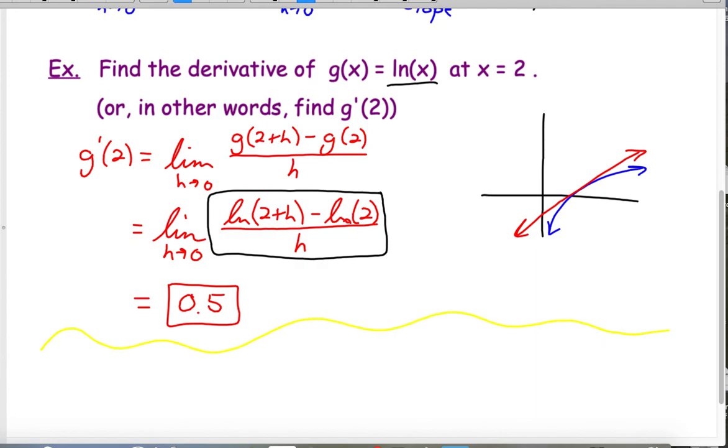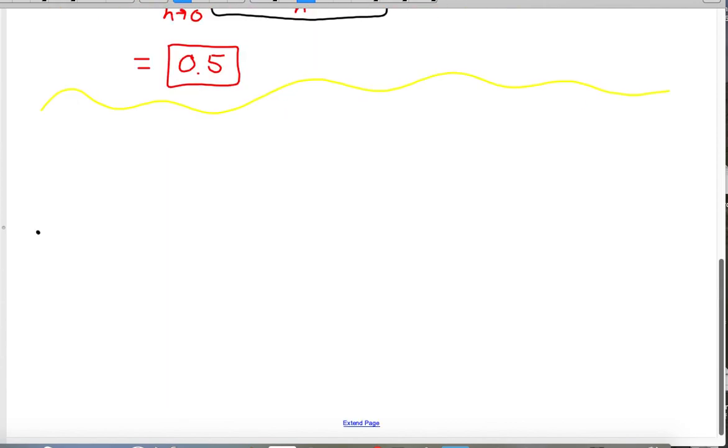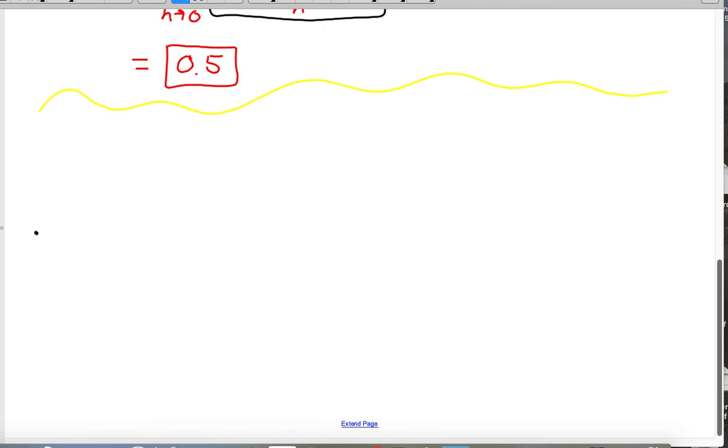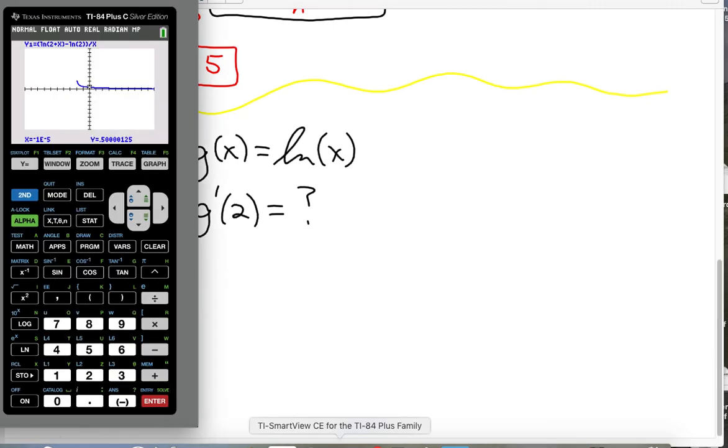But if that's the case, and we're going to have to use a calculator anyway, then if, let's say, g of x equals the natural log of x, and I want to find g prime of 2, then let me show you a shortcut on the calculator to finding derivatives.